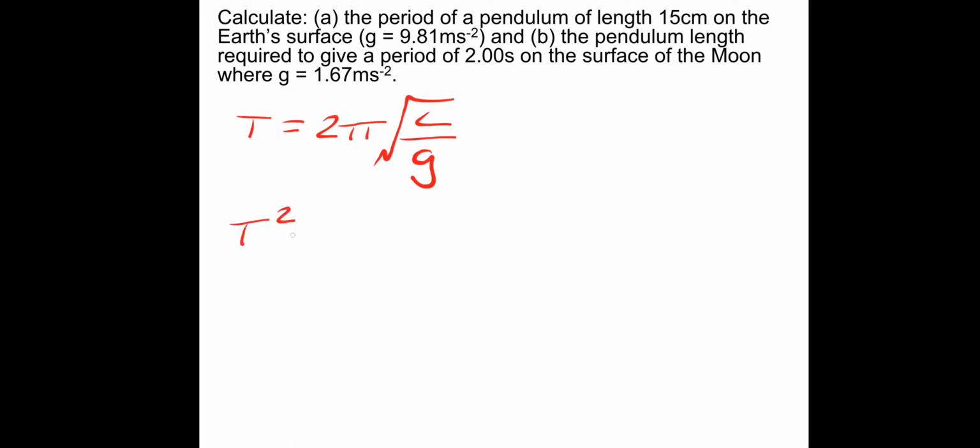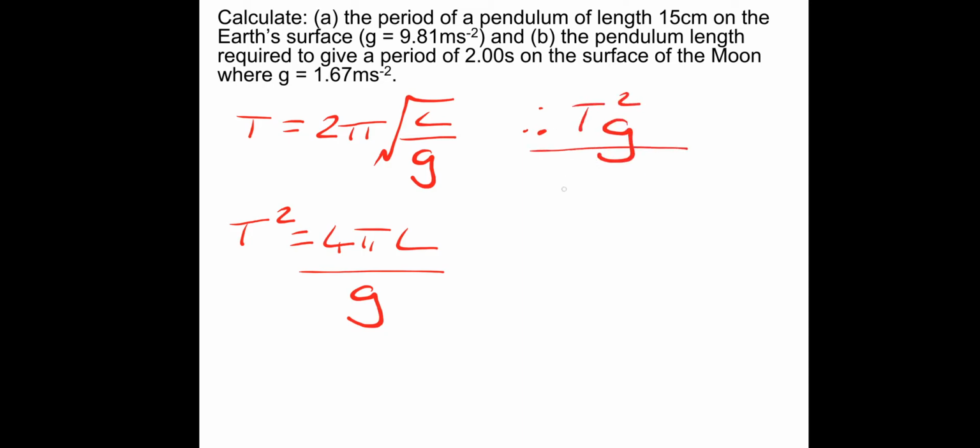So T squared is equal to 4 pi squared L over g, and then rearrange to find the length. So we've got T squared times g, divided by 4 pi squared, and that'll give us the length.